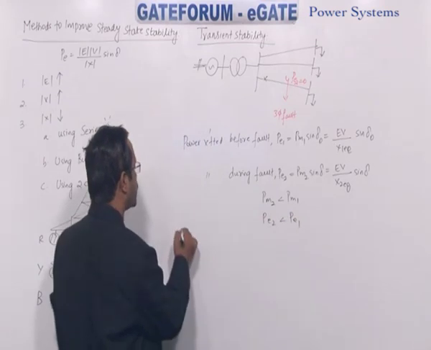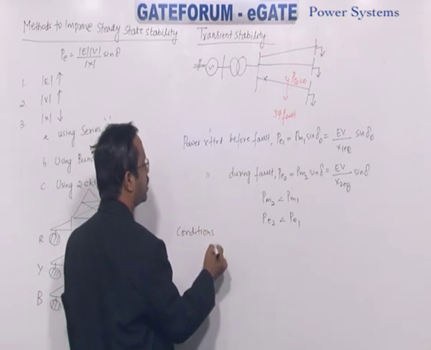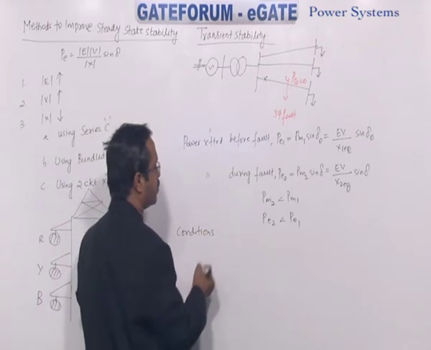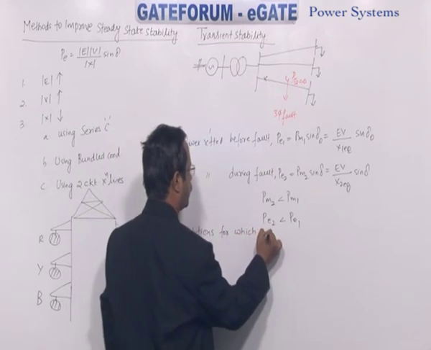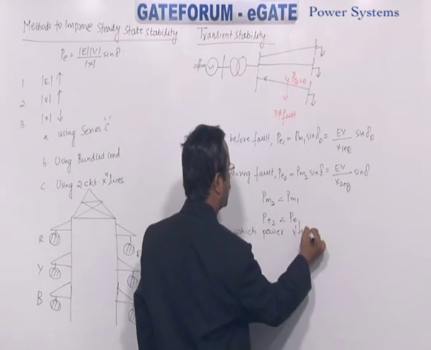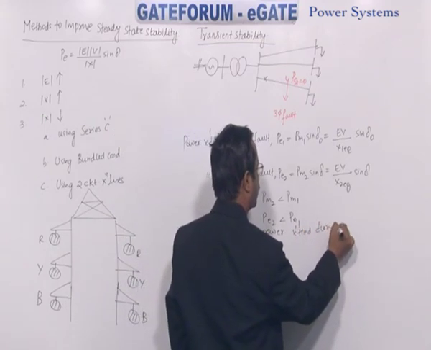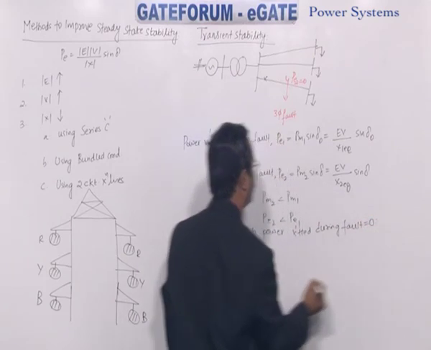Now we check the conditions for which the power transmitted during fault is 0.